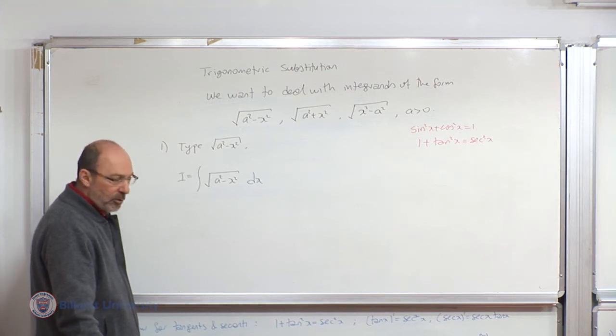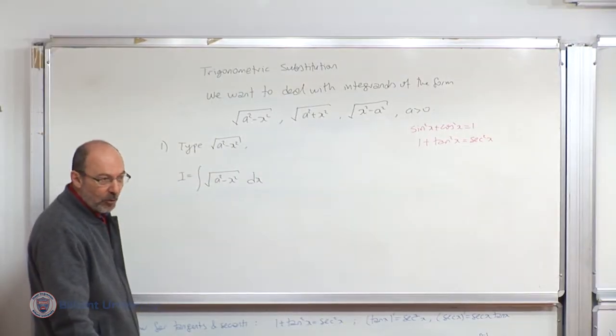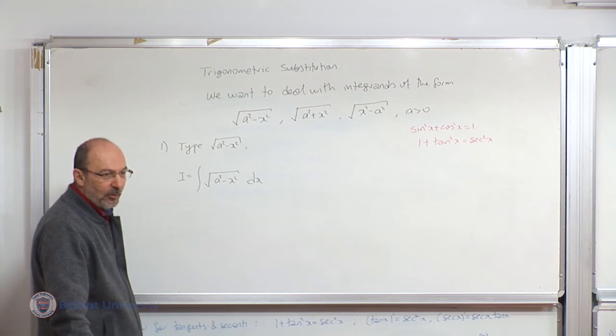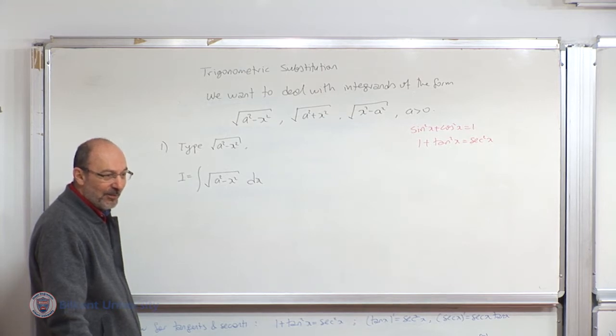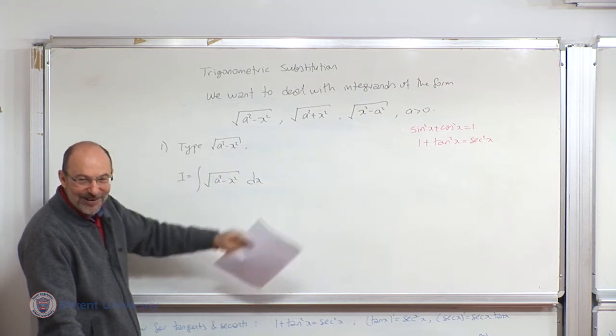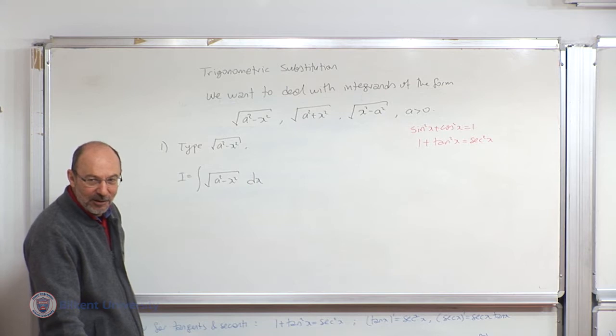1 minus secant square will not work. Why? We also have a formula for 1 minus secant square. Why will it not work? What is 1 minus secant square? Minus tangent square. So it's definitely negative.